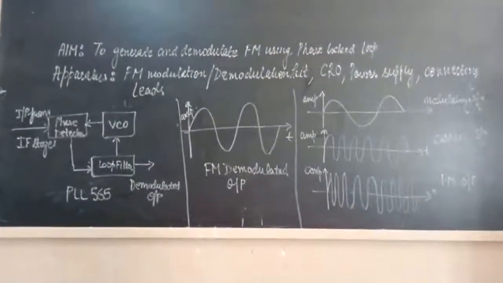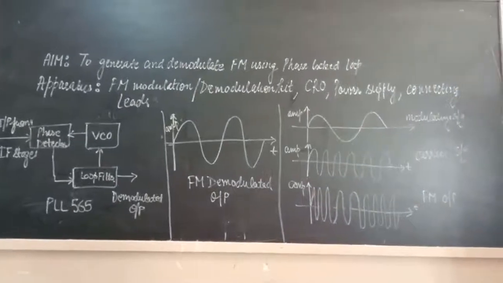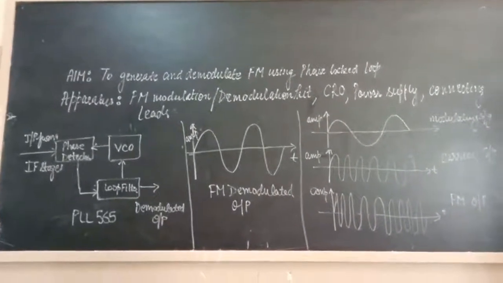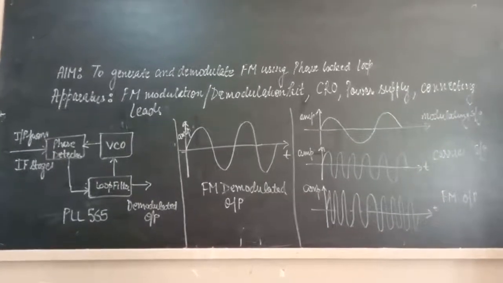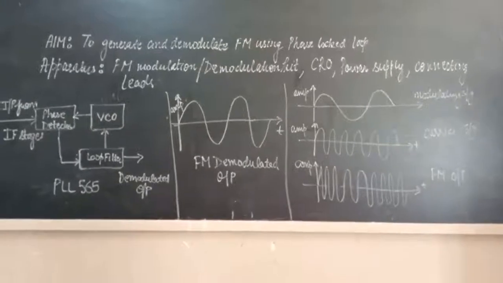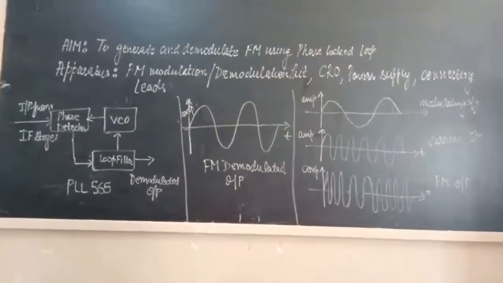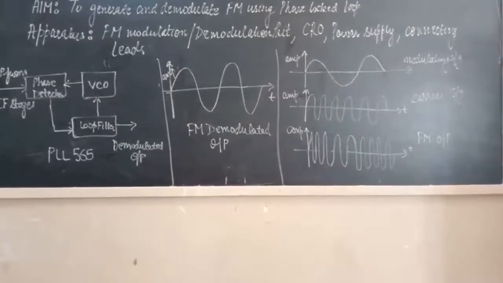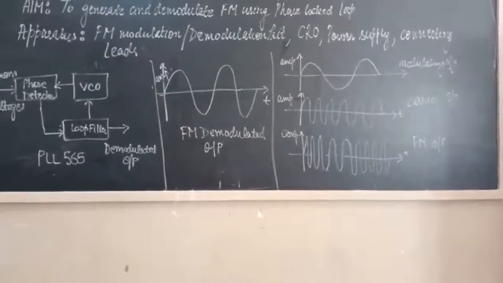So it will minimize the phase difference between the two signals, reference and local oscillator, to replicate the reference signal frequency. So using this concept, it is possible to use PLLs for many applications. That's why we are using this for the frequency demodulation purpose.